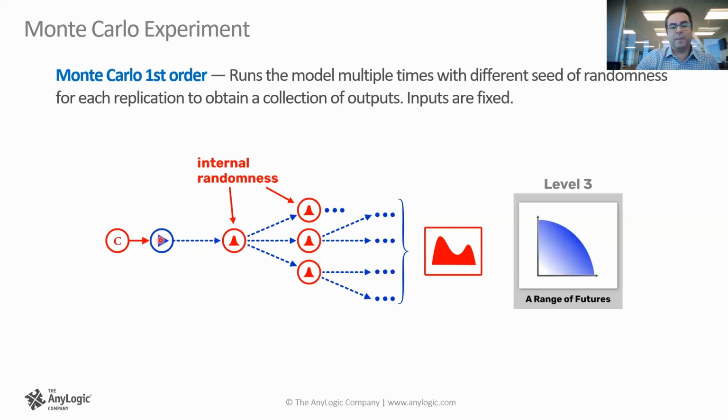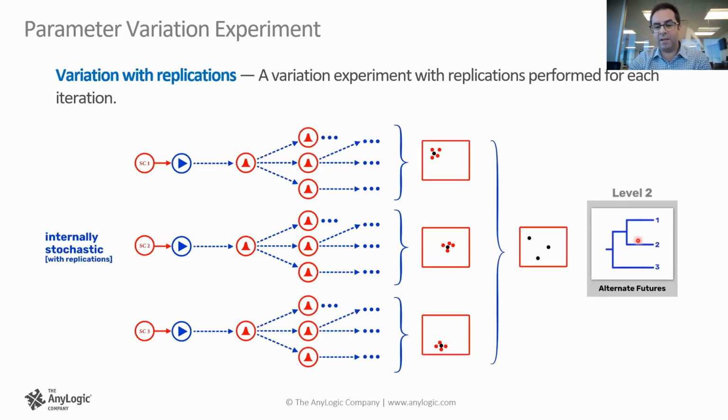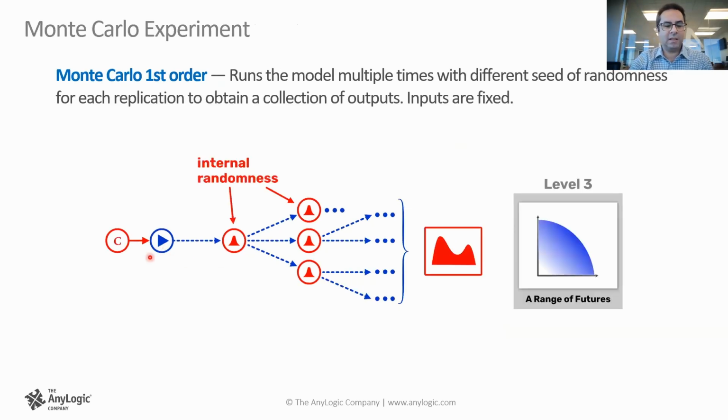And this is compared to the previous variation, in which we have a discrete number of alternative futures. Here we are trying to fill this area, so we have hundreds, thousands of runs.